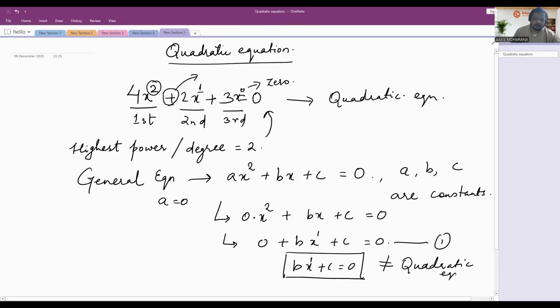Now what we can say is that the general form is ax square plus bx plus c is equal to 0, and a should not be equal to 0. If a becomes 0, then it becomes a linear equation, a binomial linear equation, which is not a quadratic equation.